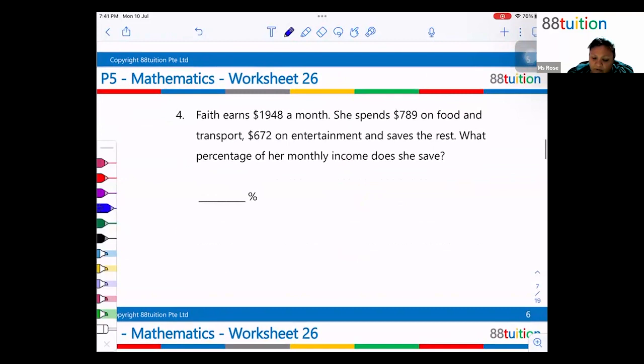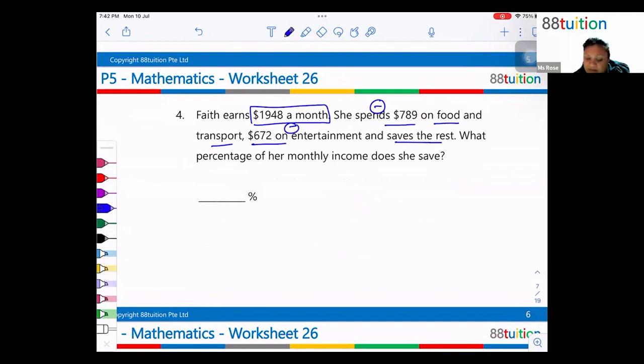Number 4. Okay, so Faith earns $1,948 a month. She spends this amount on food and transport, and then she spends this amount on entertainment and saves the rest.